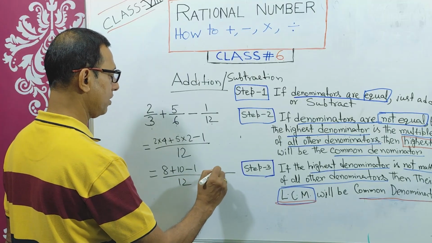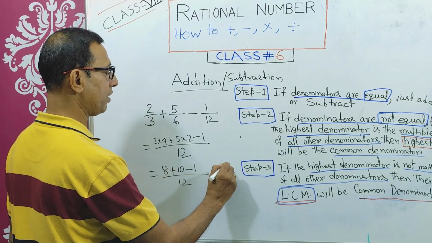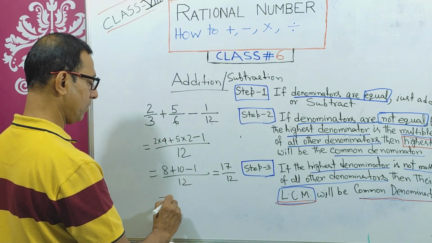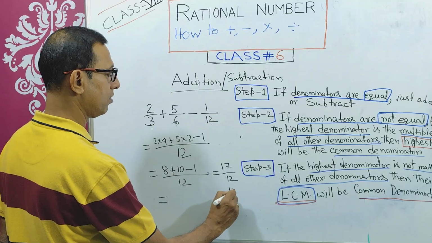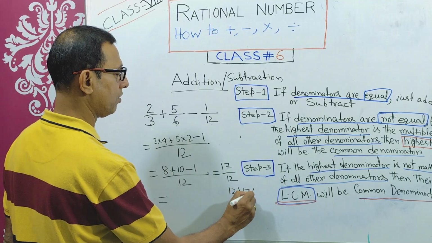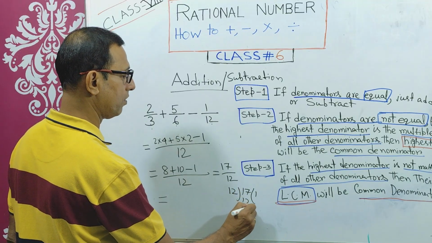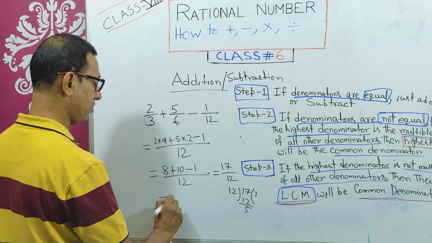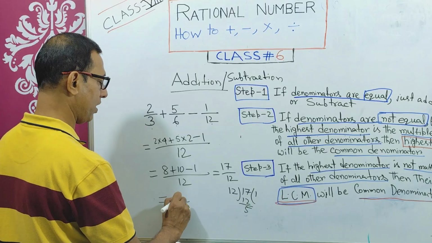So what is this? 18 minus 1, 17/12. You can write it like this also: 12 ones are 12, remainder 5, so it equals 1 and 5/12.